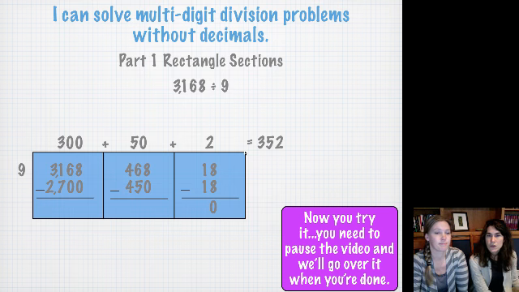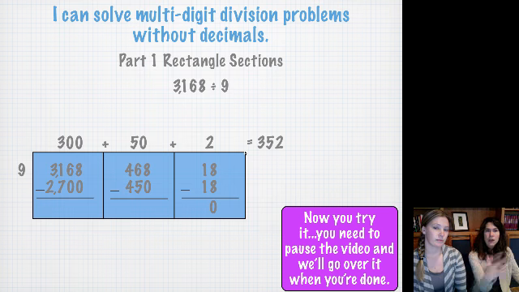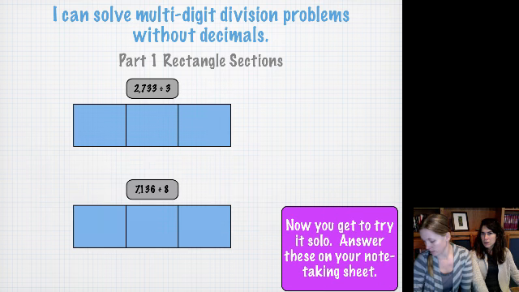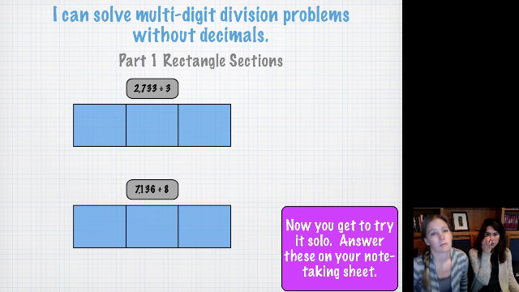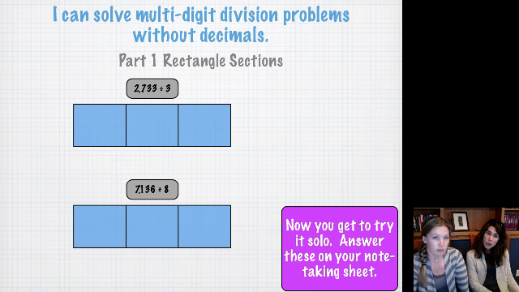Yep. So, hopefully after seeing one, doing one together, now you're going to be ready to try a couple on your own. So this is where you get to try some all on your own. These, once again, are on your note-taking sheet, and then bring them back for the next day, and we'll be discussing them in our group.